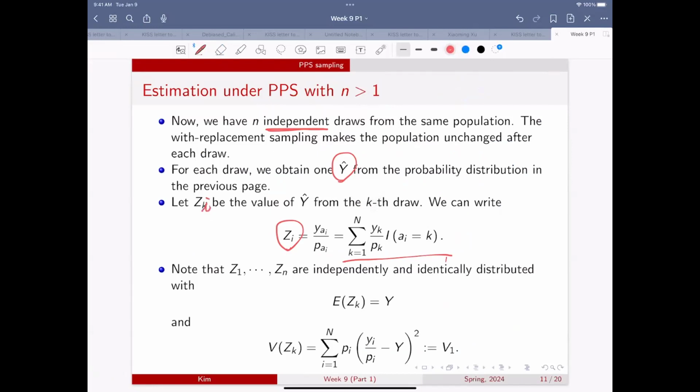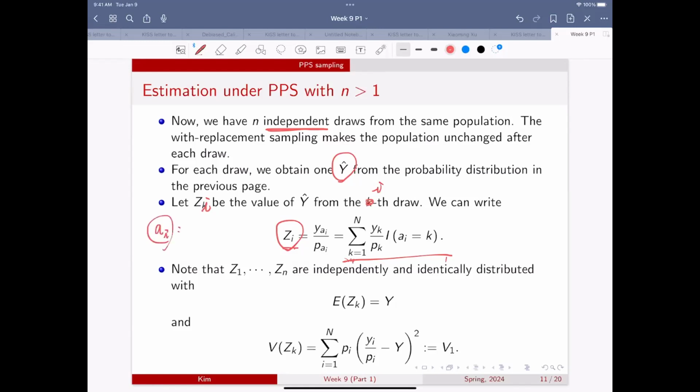So, k-th draw, okay. Well, actually, let's write it i-th draw, because we use k here. So for the i-th draw, we observe Ai, small ai, right?